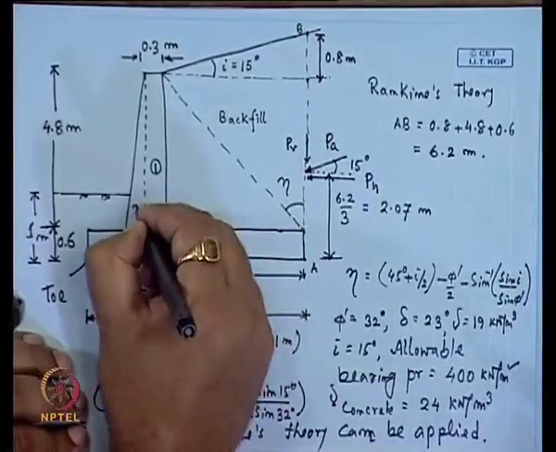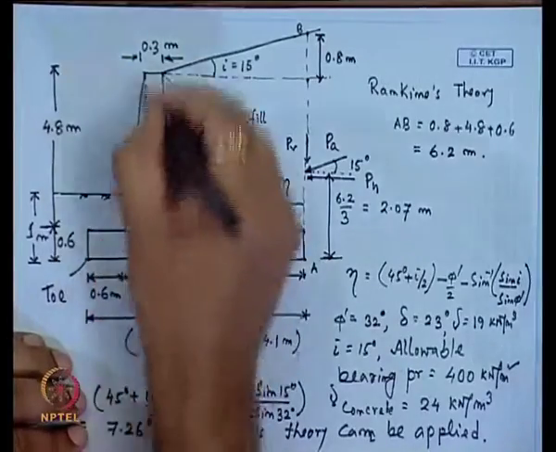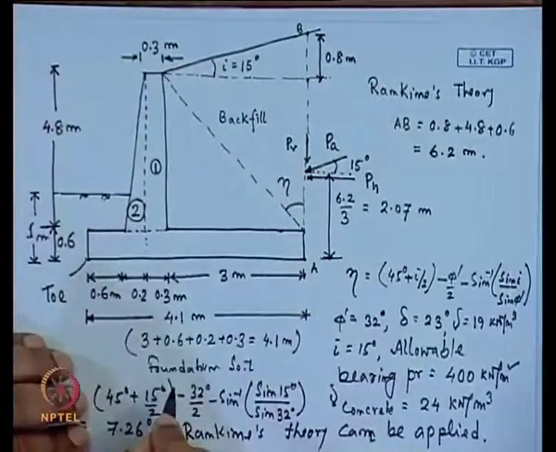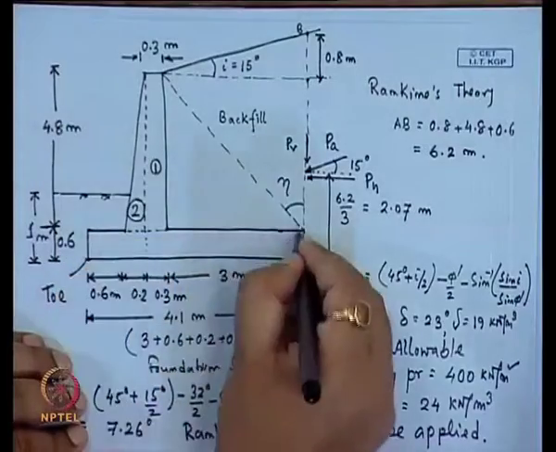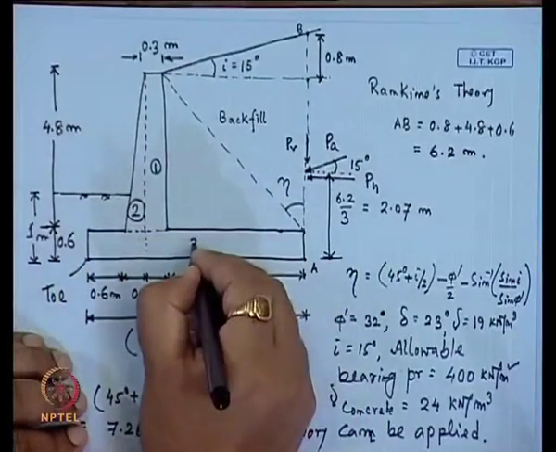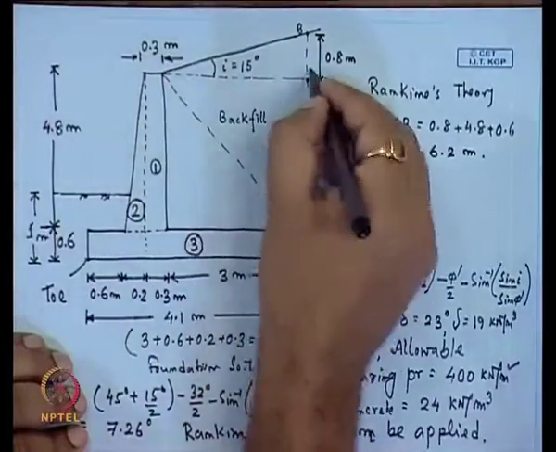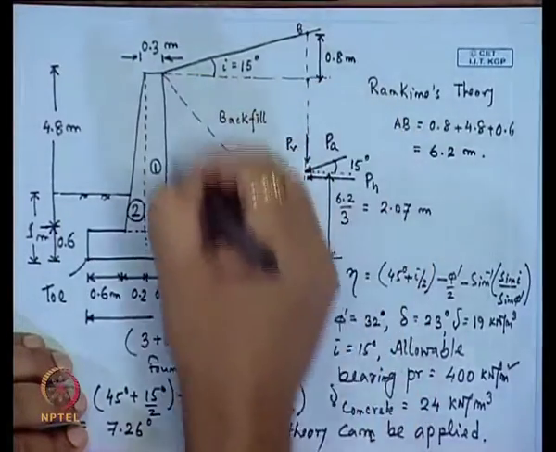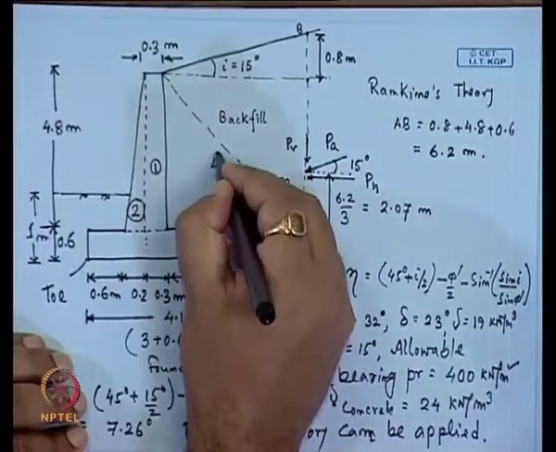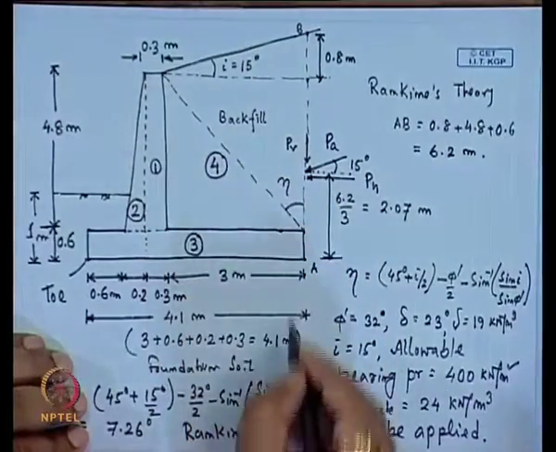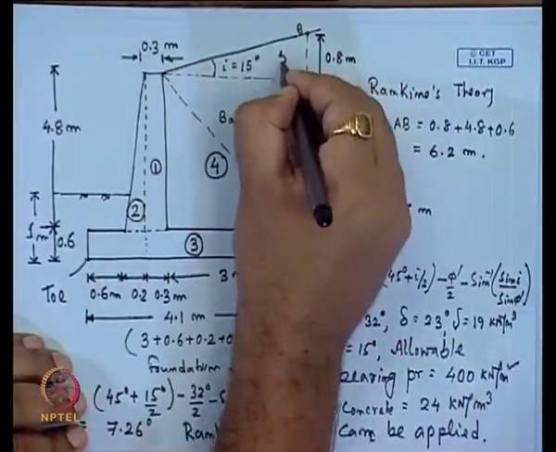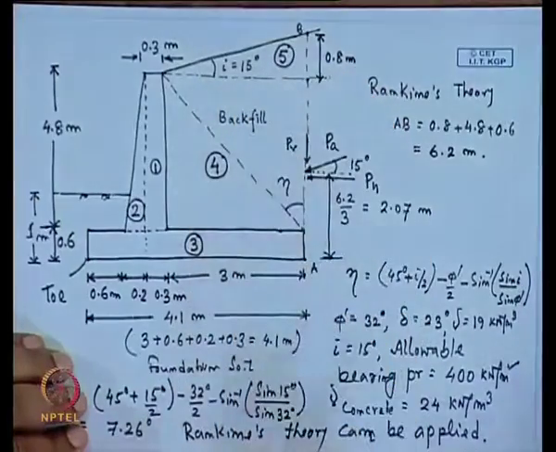Then this triangle is number 2, that means this triangular zone is number 2. Then this total base slab is the third zone, this total rectangular soil portion is the fourth zone, and this triangular soil portion is zone 5.